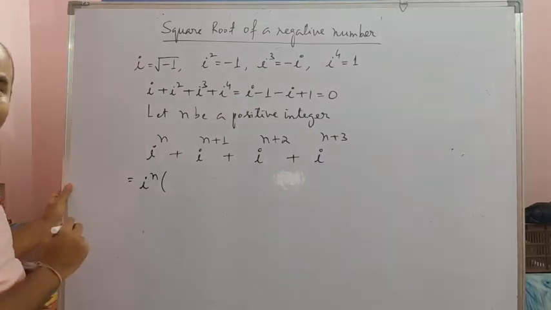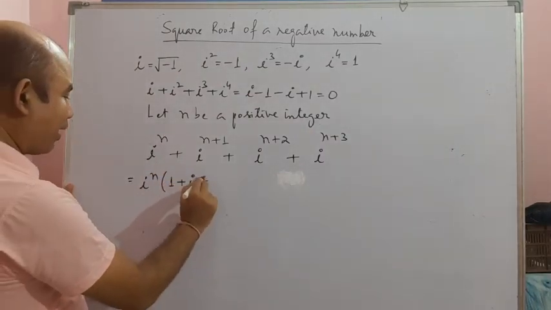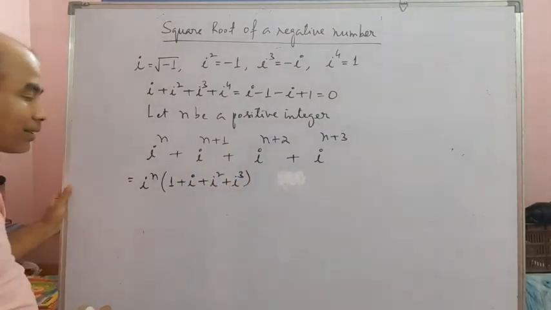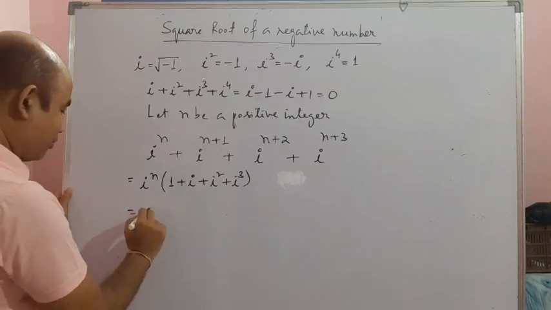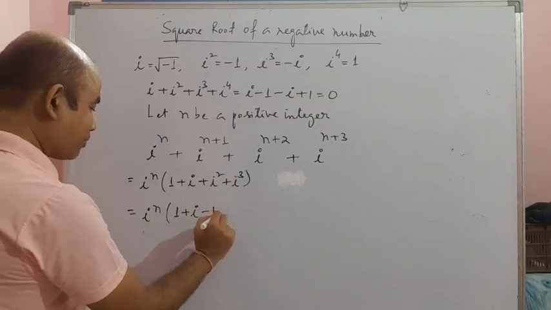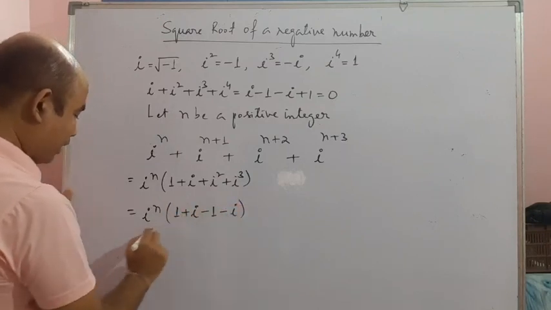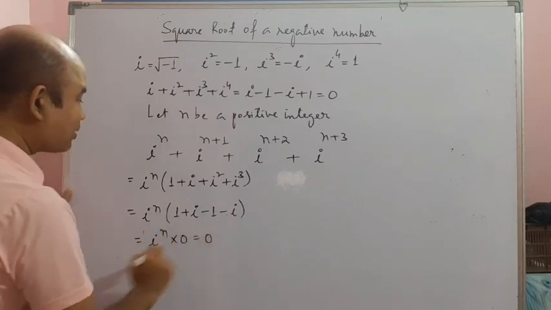So I can take i to the power n common. If I take it common, then I have 1 plus i plus i square plus i cube. Or i to the power n times (1 plus i, then i square means minus 1, i cube means minus i). So all these get cancelled. So ultimately you have i to the power n into 0, which is 0.